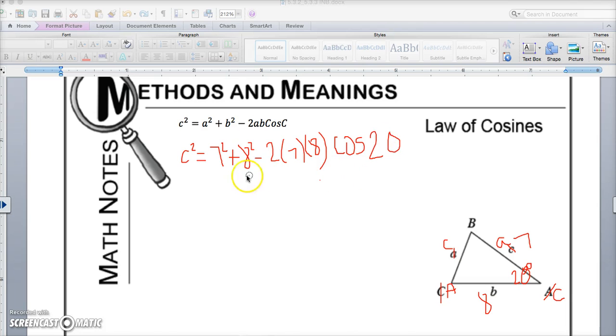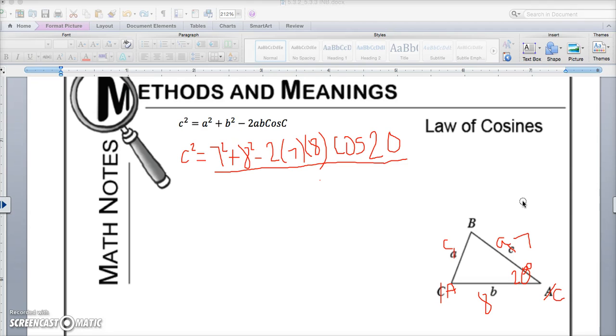Alright, now you just need to put this whole thing in the calculator. The whole line. And you get 7 squared plus 8 squared minus 2 times 7 times 8 cosine 20.